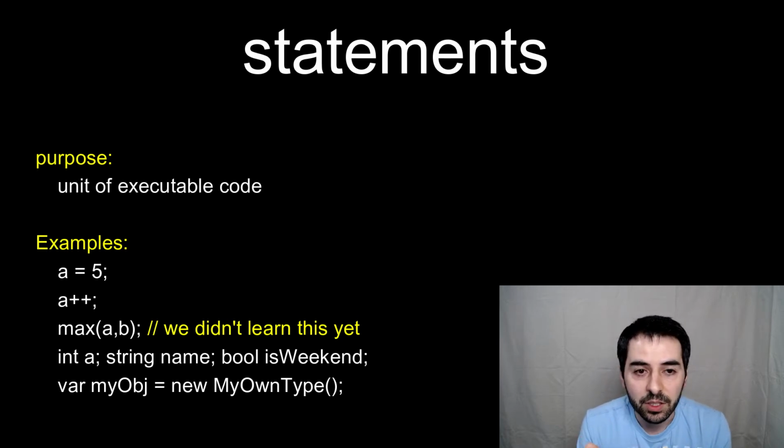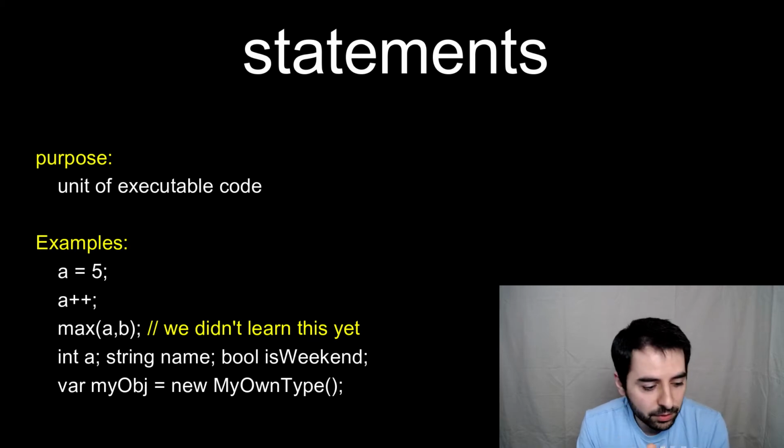It means assign 5 to a, and this statement can be executed. Another example is the increment operator. If we write a++, it evaluates to the value of a before incrementing, because this is a postfix ++. But if we write a++ and then a semicolon, this becomes a statement that can be executed.